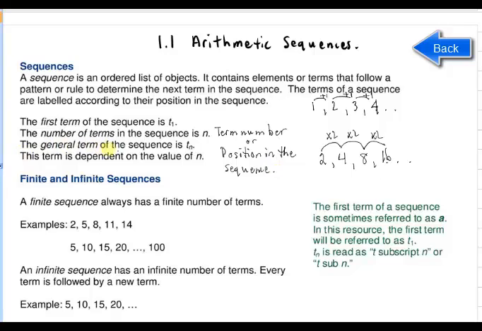The general term of the sequence is T subscript n, and this term, meaning the general term, is dependent on the value of n.